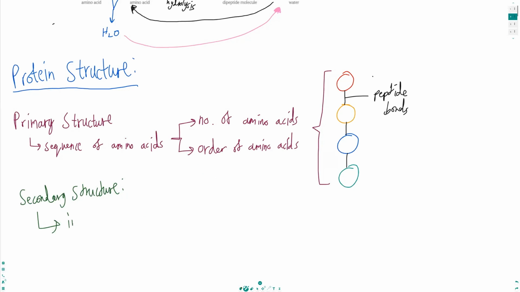So we have the initial folding of the protein, and this is done using hydrogen bonds. Hydrogen bonds are used to create the secondary structure, or the initial folding of the protein.